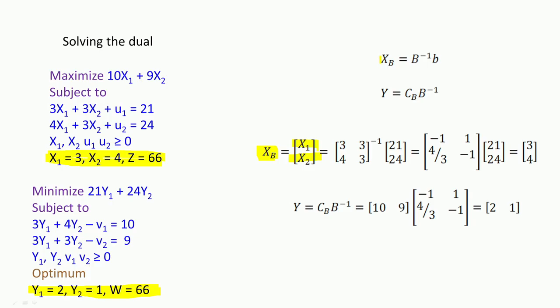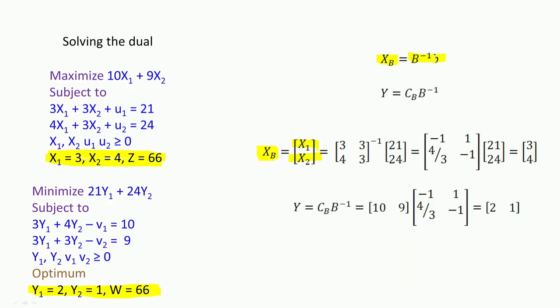So if we are solving for any xb, then if you remember doing some matrix methods of solving equations, the solution to equations is given as x equals A inverse b, where A is the coefficient matrix. In our case we use the notation capital B, so xb is equal to B inverse b.